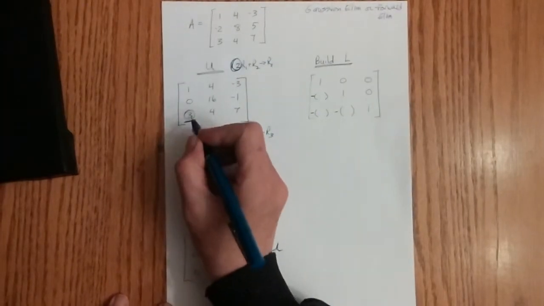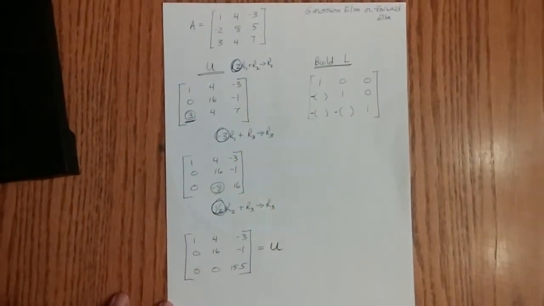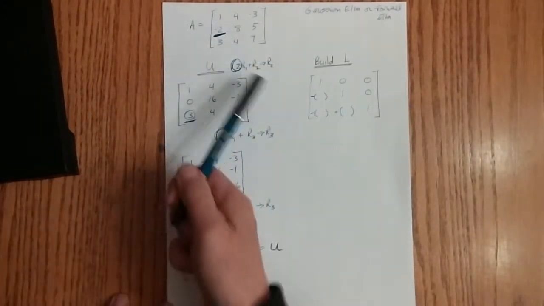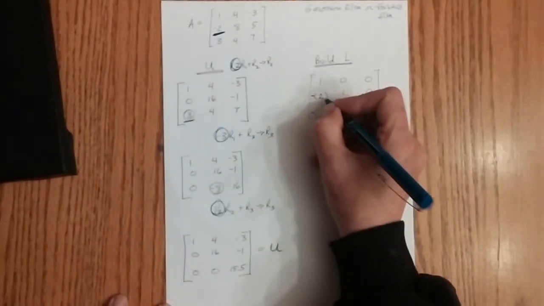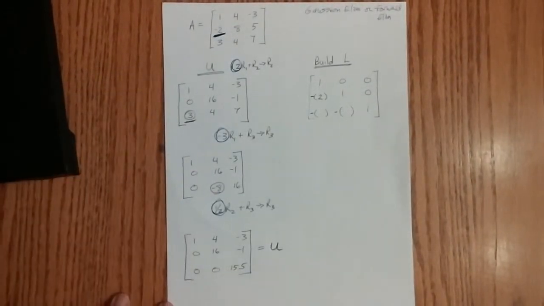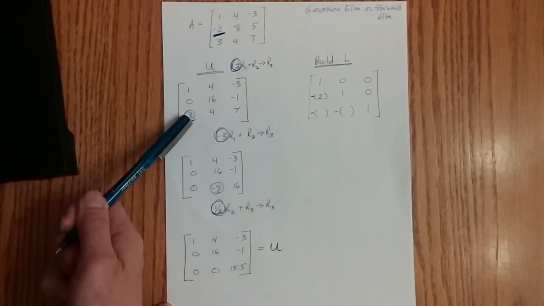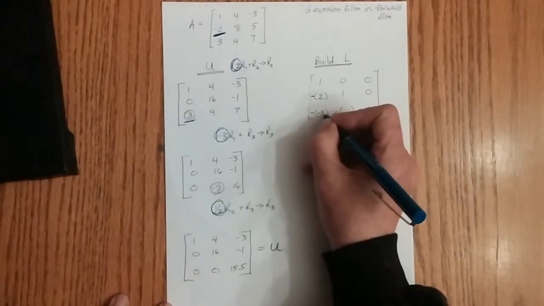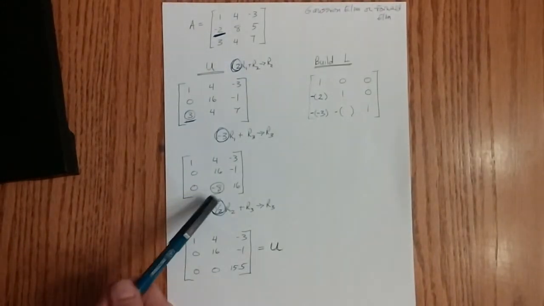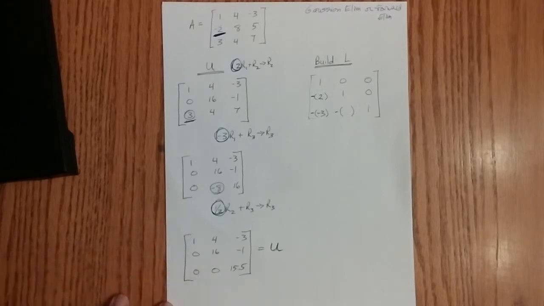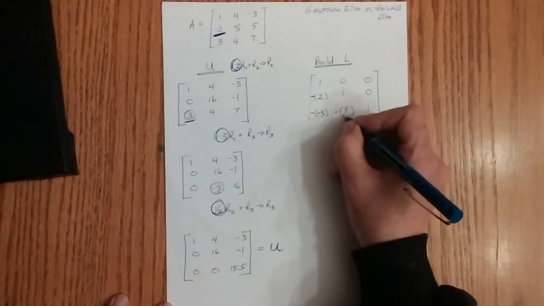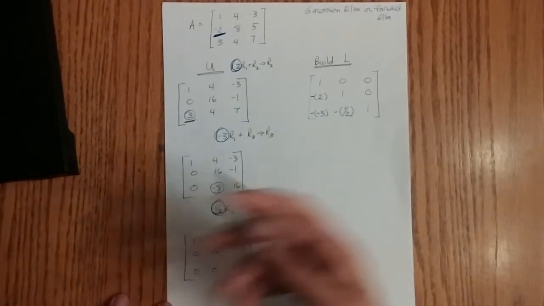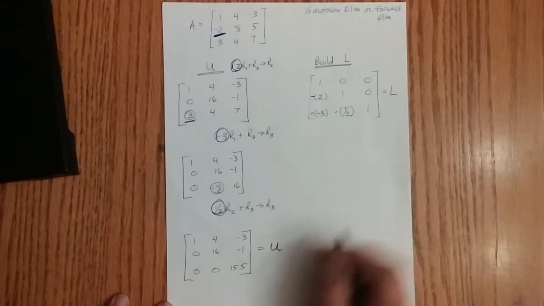We were right here when we changed, so this is right here for the 2, so 2 goes right into that spot. Next we changed the 1, 3 position with a minus 3. And finally we changed the 3, 2 position with a 1/2. So 1/2 is going to go there. So this is our L. We have our L matrix here and our U matrix here.